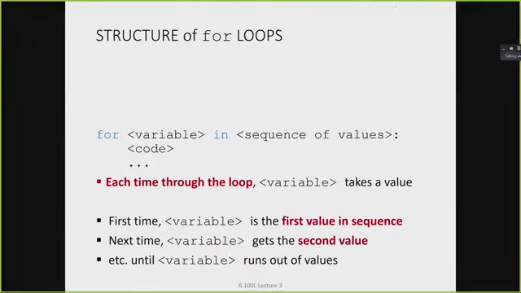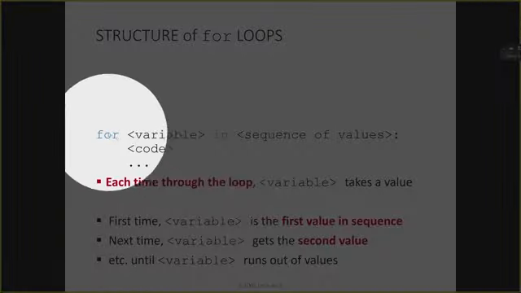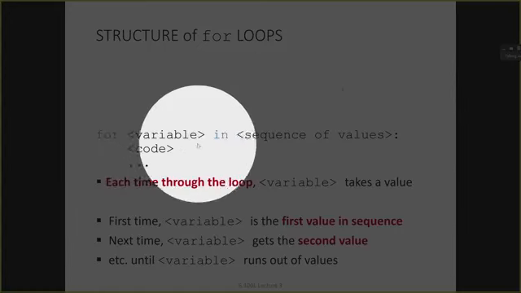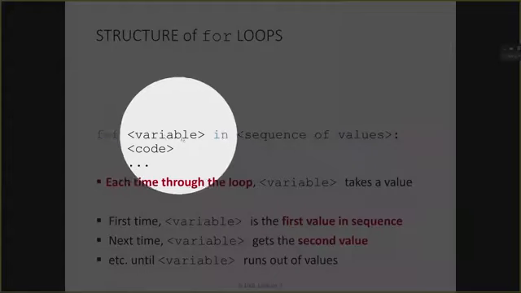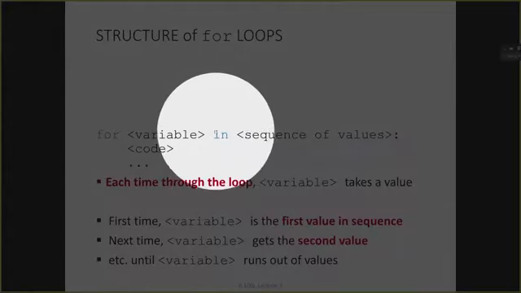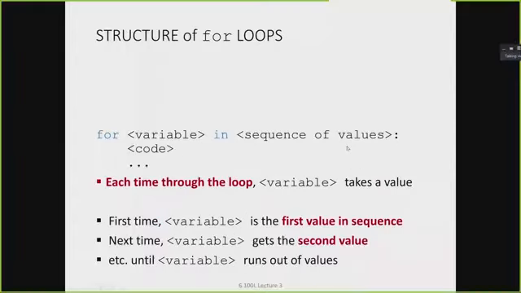So the syntax for a for loop looks a little bit different than a while loop. It starts with a for keyword. This is a variable that you get to name, whatever name you'd like. The keyword in tells Python, I'm going to make this variable take on values in this sequence. Okay.